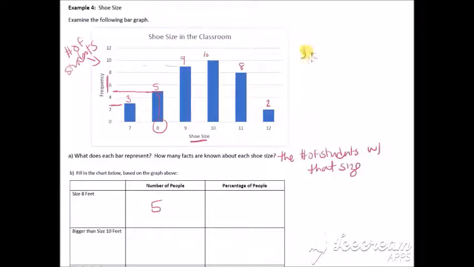So if we want to calculate the total, 10, 20, 29. Okay, so 37. Okay, the percentage of people, we would do 5 over 37. And that's 13.5%.